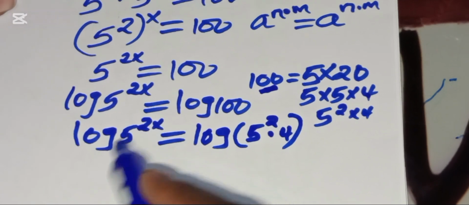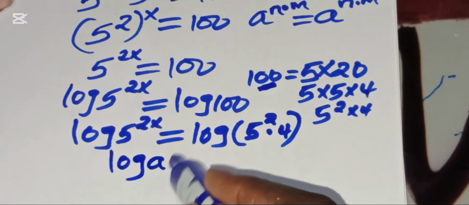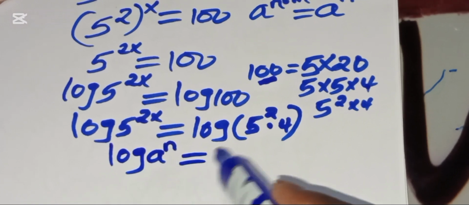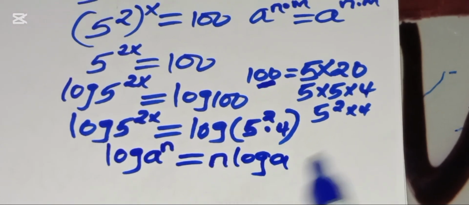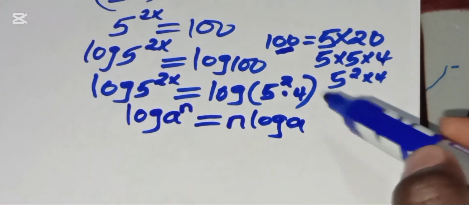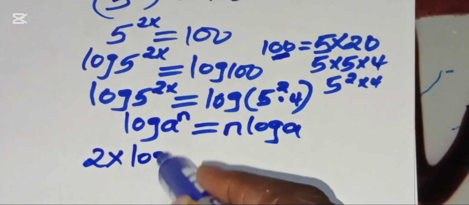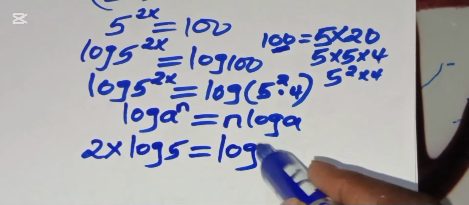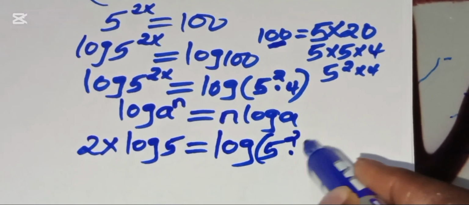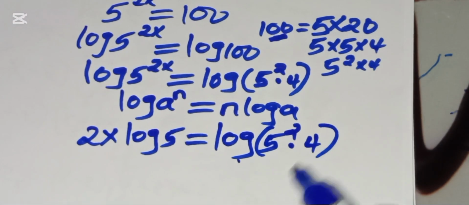So now log 5 raised to power 2x is in the form of log a raised to power n, which we can express as n log a. Applying this property, we'll have 2x log 5 equal to log of 5 squared multiplied by 4.